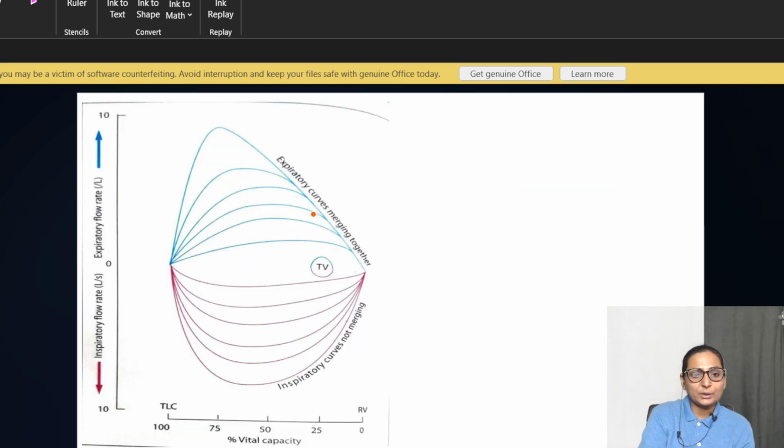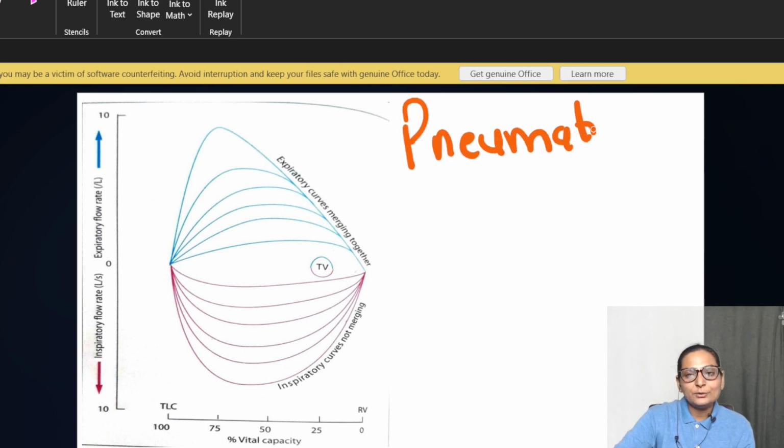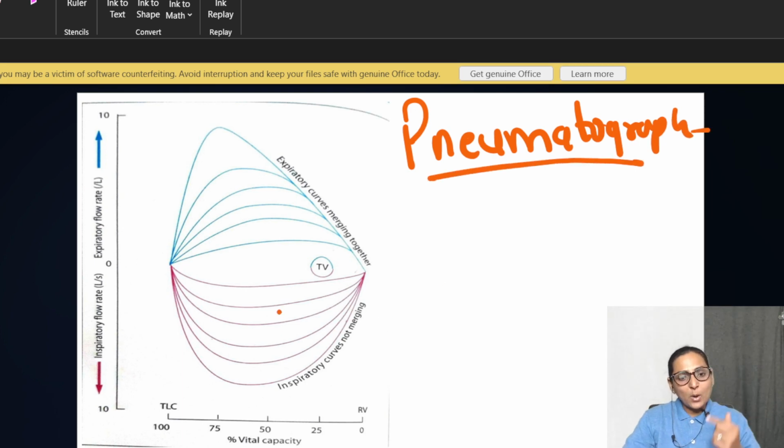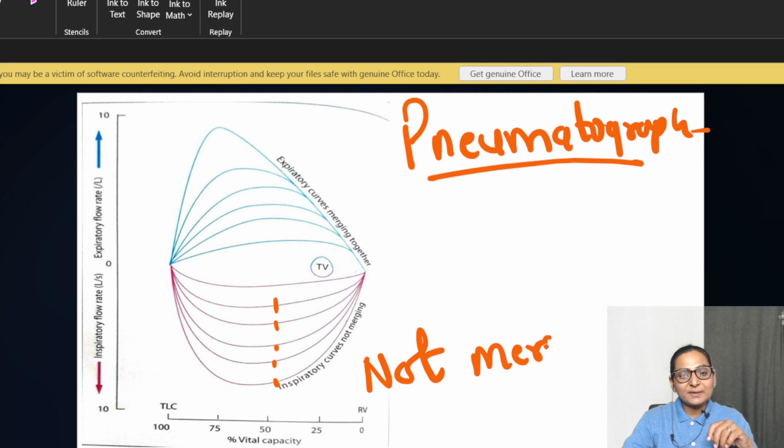Again, very important MCQ. This is something which is called your pneumotachograph. It depicts that if you keep on increasing the effort for inspiration, there are going to be better and better inspiratory curves which do not merge with each other.